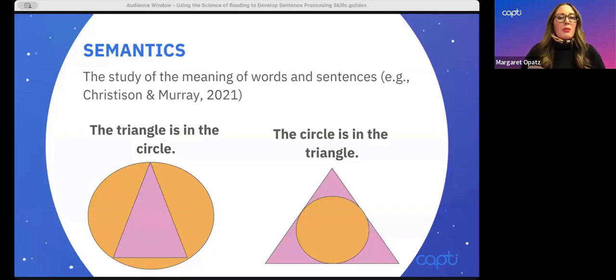So we have to be able to really teach students how to construct that meaning of the words within the sentence and then how they work together. So that's what we're really talking about when we talk about sentence processing. We're talking about word order, why we construct sentences the way we do. And then we're also talking about how we build meaning from those words in the sentence to create a cohesive mental model of what we've just read.